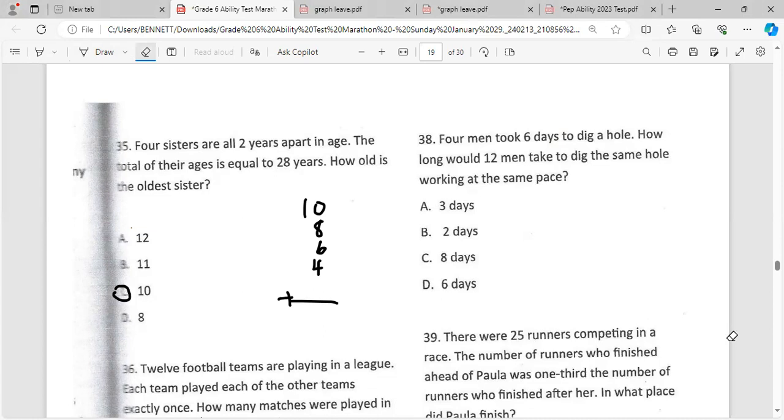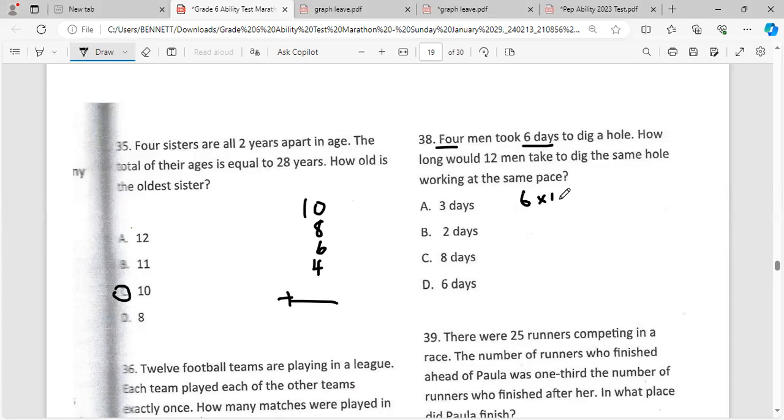First we determine the total man days required to dig the hole by multiplying the number of men by the number of days. So basically, 6 times 4 will be 24 man days.